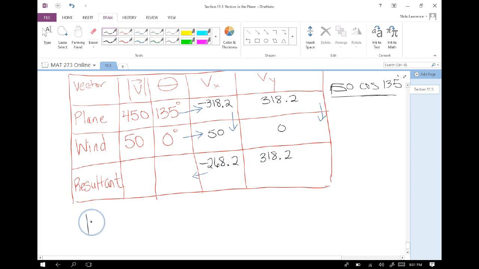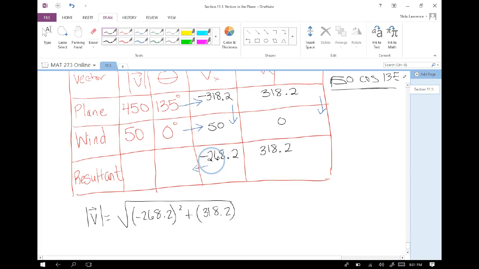Now we need to find the magnitude of that vector, and magnitude is just our Pythagorean theorem. So we square our components and add them together under a square root. And we have a negative x component and a positive y component. That tells me my final answer should be in quadrant 2. And that's an important thing to note.